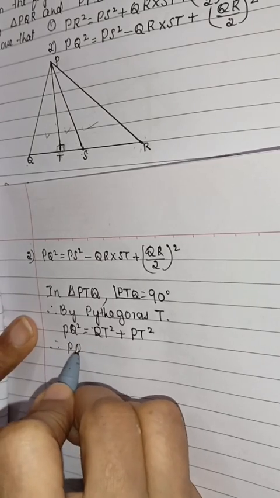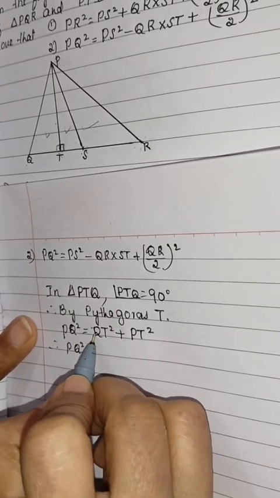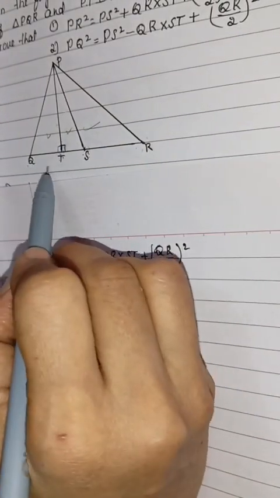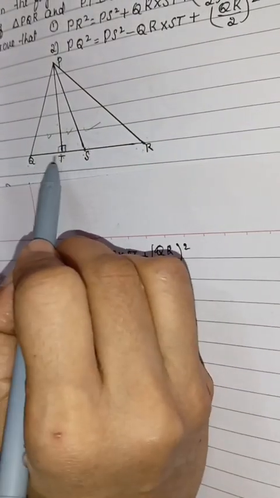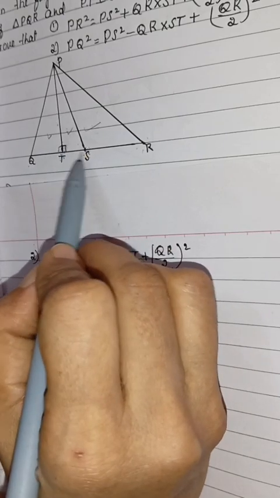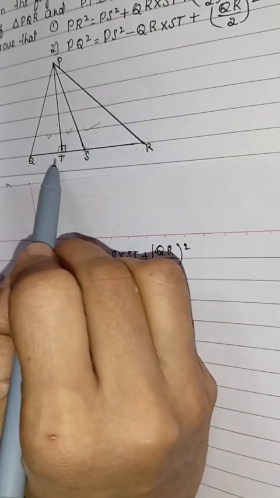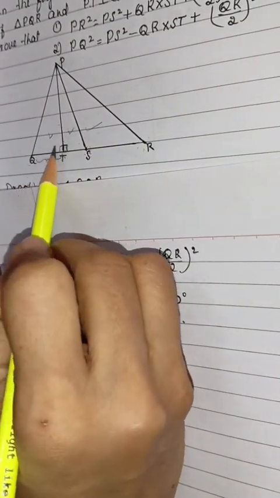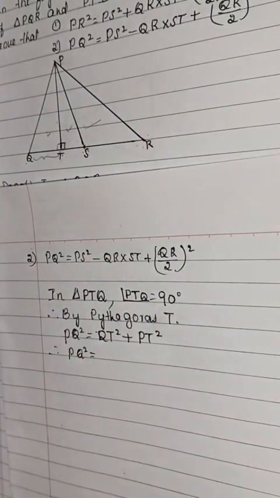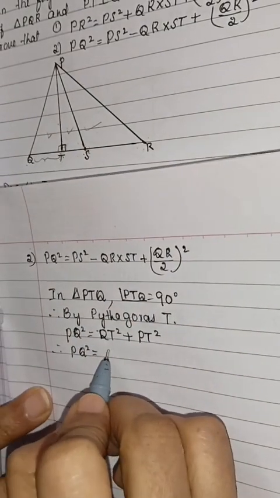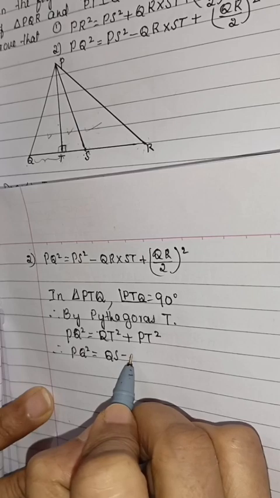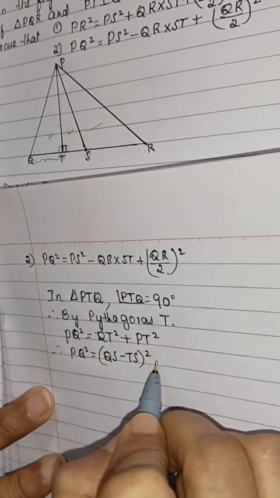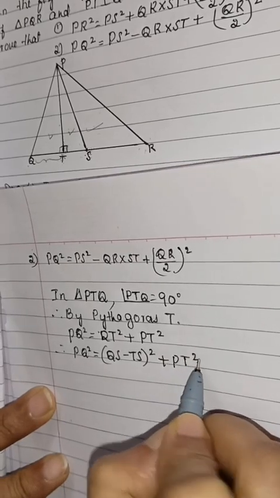Therefore PQ square equal to QT square plus PT square, where QT is QS minus TS, since this is the median. So QS minus TS whole square, then write PT square.